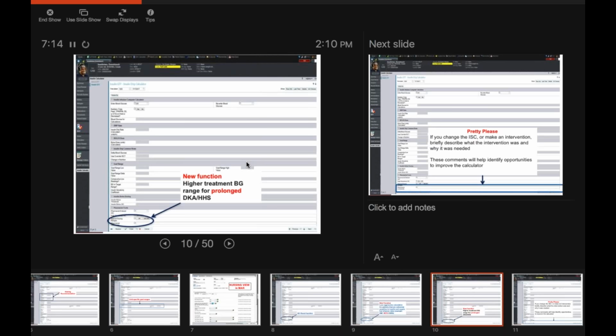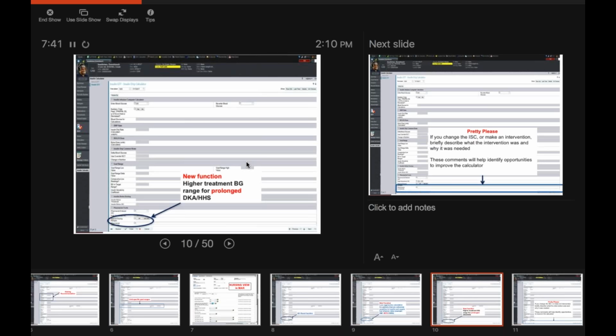We're going to go over that in more detail, but this is for the patient who needs to remain with a blood sugar in the 200s for 2 or 3 days, because either their DKA is not resolving or their HHS is not resolving in our typical 6 to 12, 14-hour time frame. We do not press this button in all patients with DKA or HHS.